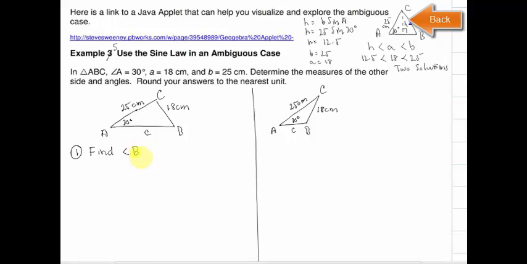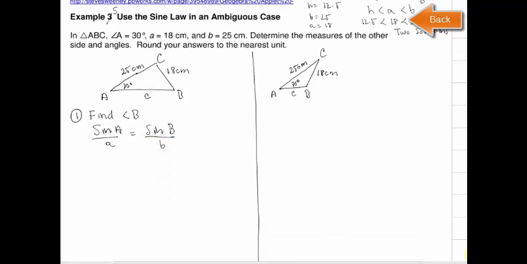Okay, and I'm going to use sine A over A, which is equal to sine B over B. And so sine of 30 degrees over 18 is equal to the sine of B over 25.